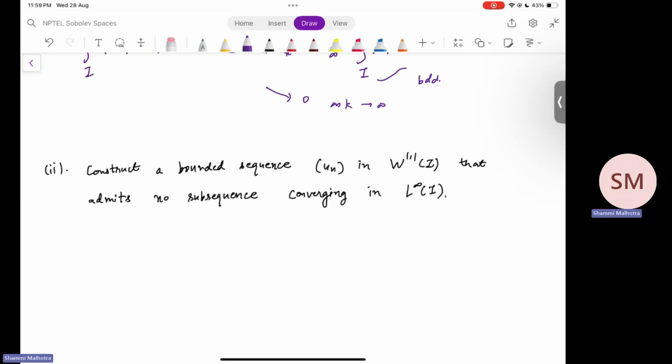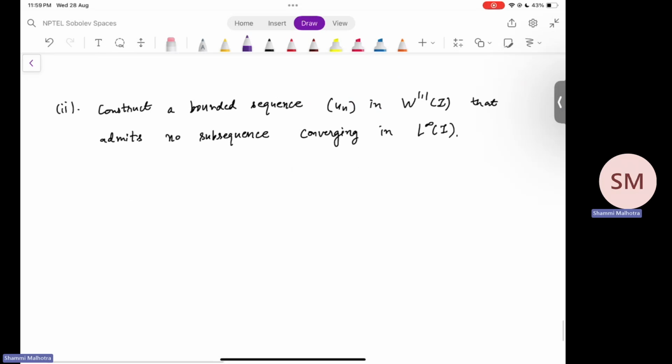So to prove this, we don't have the same analogous result whenever p is equal to 1.